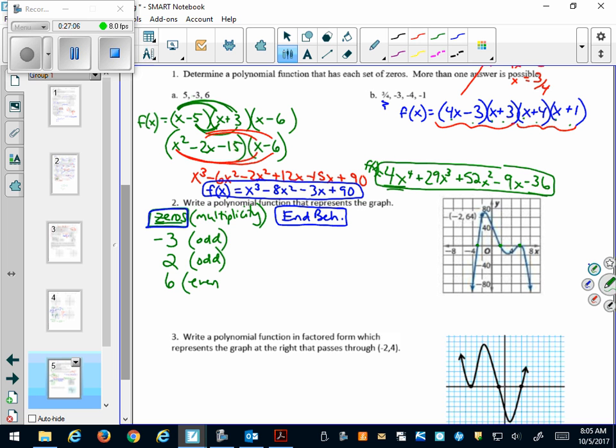So it's going to be a negative leading coefficient, and since it is resembling a parabola's end behavior, parabola is even. So the degree is going to be even.